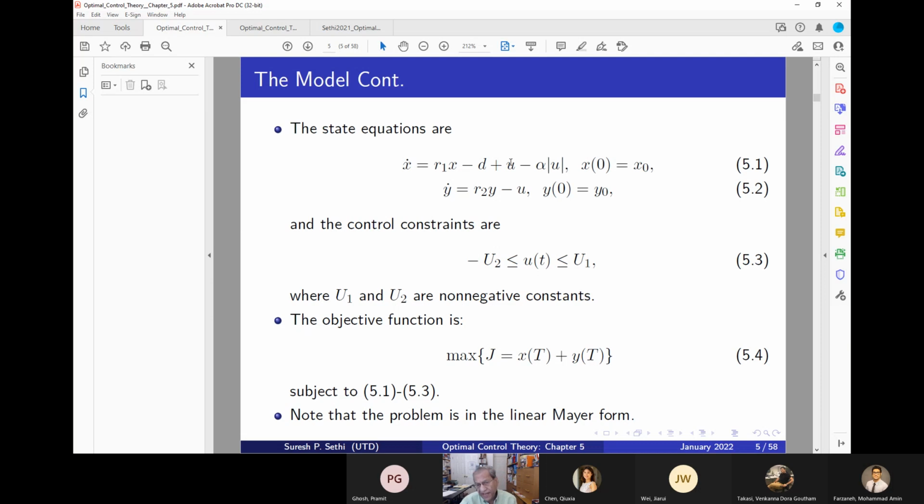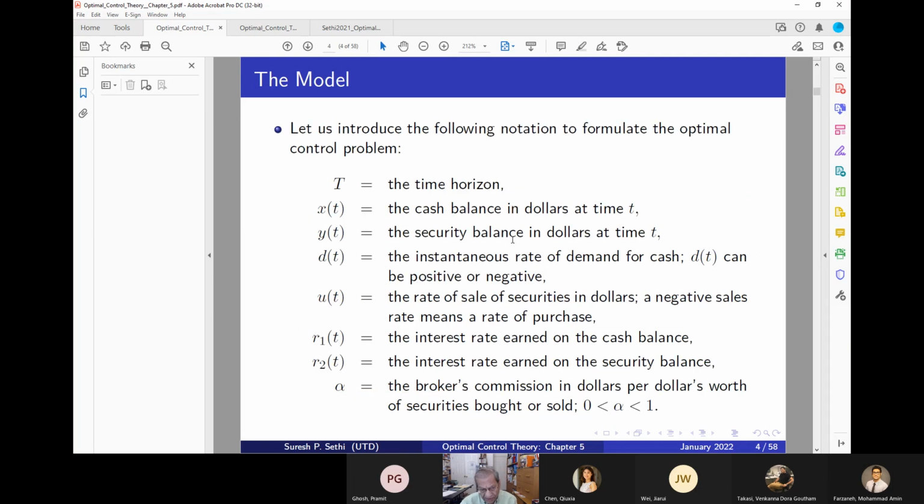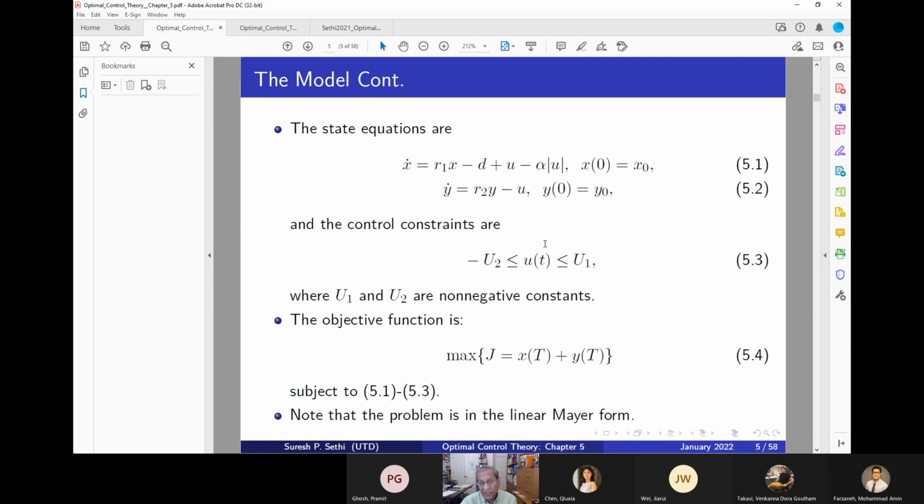And U is the trade that I'm going to make. U, remember, is the sale of securities. So when I sell securities, I get more cash, but I pay commission to the broker. If I buy the securities, U is negative, and so my cash balance goes down. But whether I buy or sell, the broker takes the commission regardless.